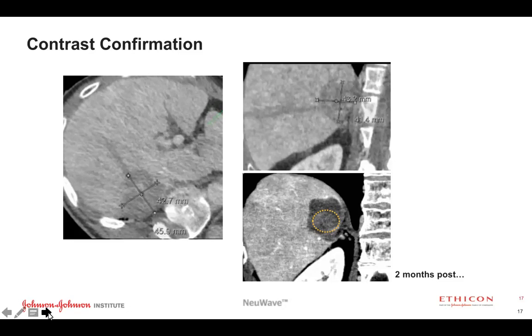So this type of confirmatory post-contrast scan will in fact give you a very good idea of what type of ablation you actually achieved. The other thing I'd like to point out here are these two areas. You see these two large vessels around the periphery of our ablation, and you can see the ablation zone is a little bit blunted in both of these locations. And this is an example of the heat sink effect.